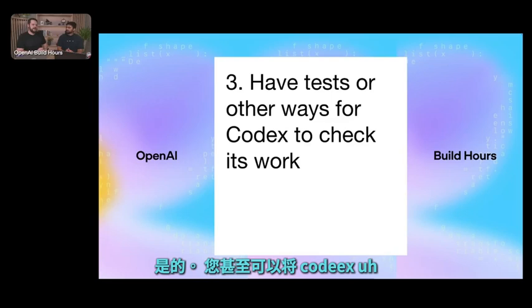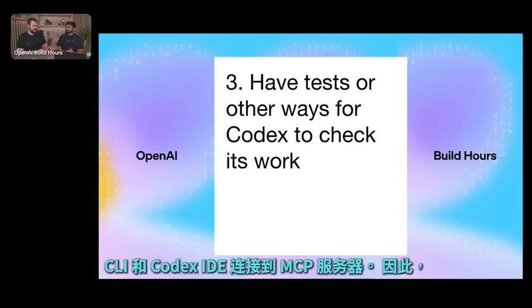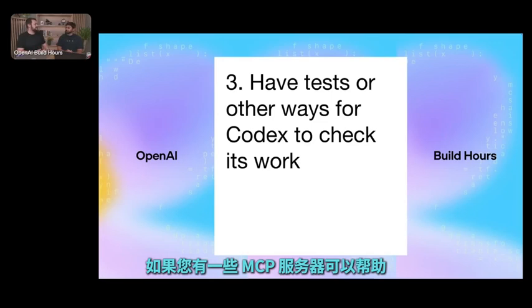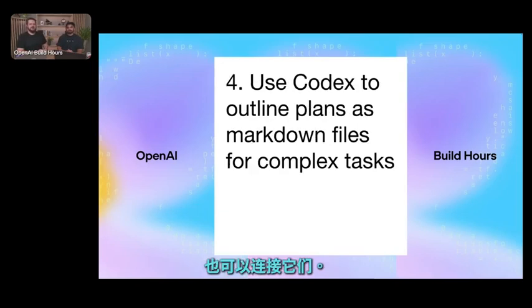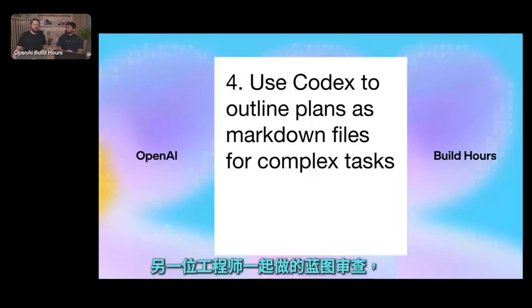Yeah, and you can even connect Codex CLI and Codex IDE to MCP servers. So if you have some MCP servers that help you or Codex with verifying things, you can connect those as well. The fourth one is using Codex to outline plans as markdown files for complex tasks. This has been incredibly helpful because it's almost like a blueprint review that you would do with another engineer.